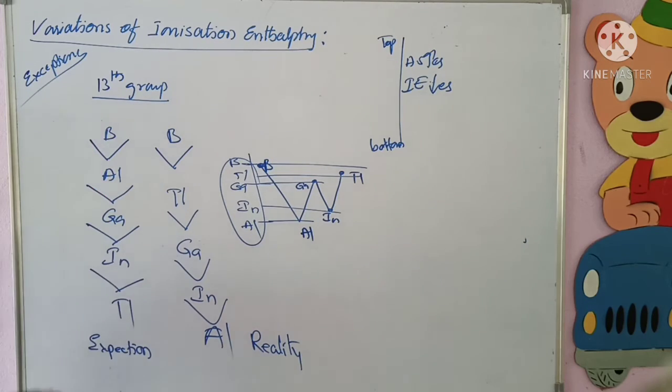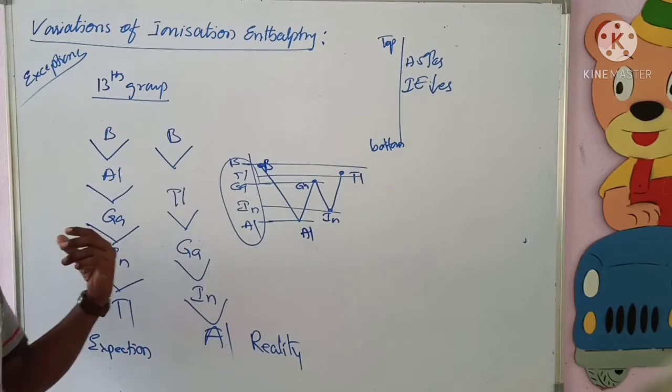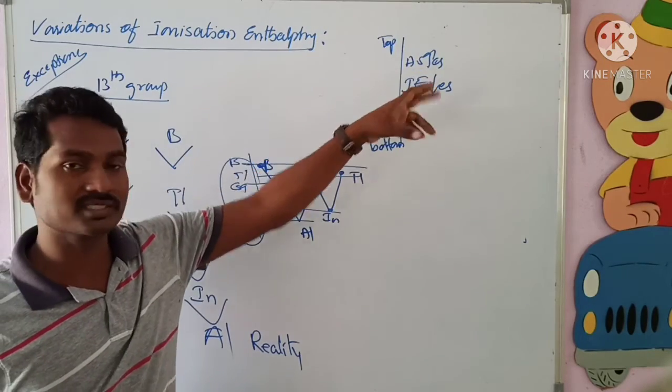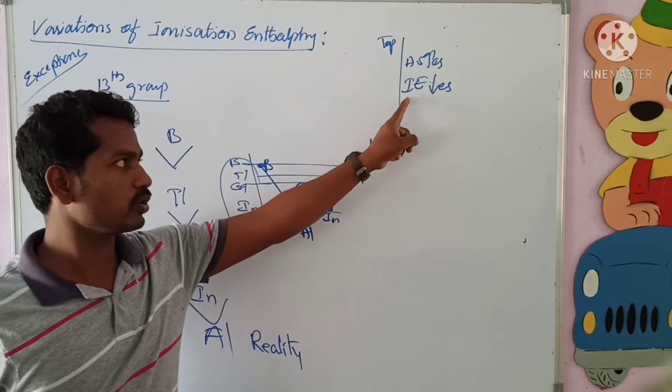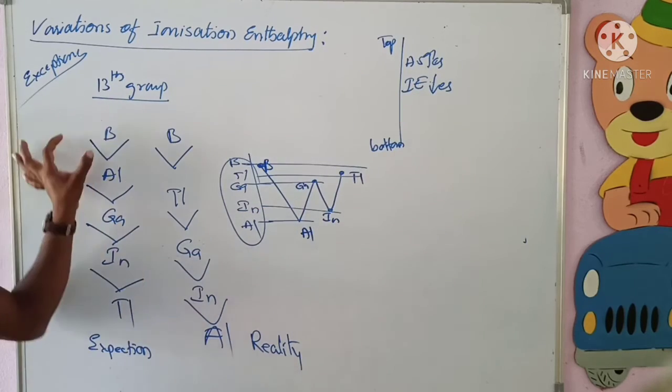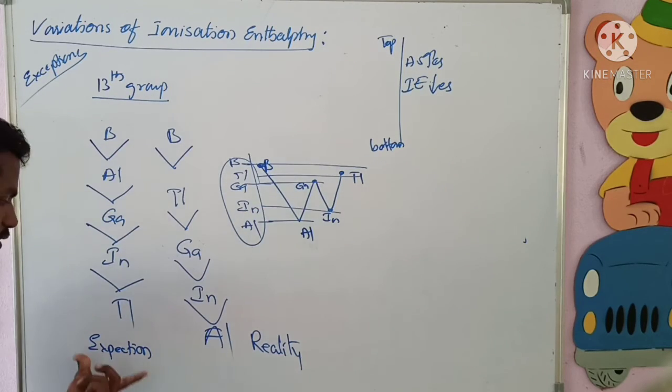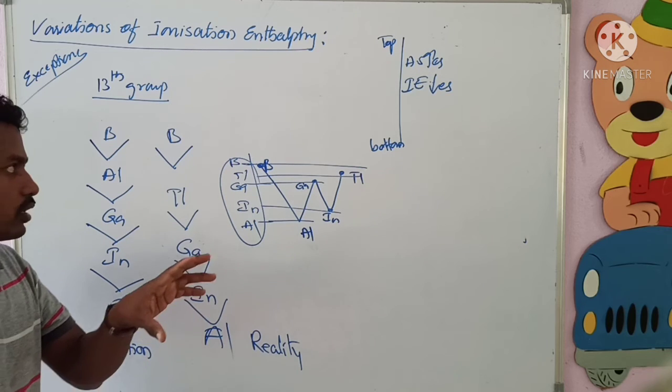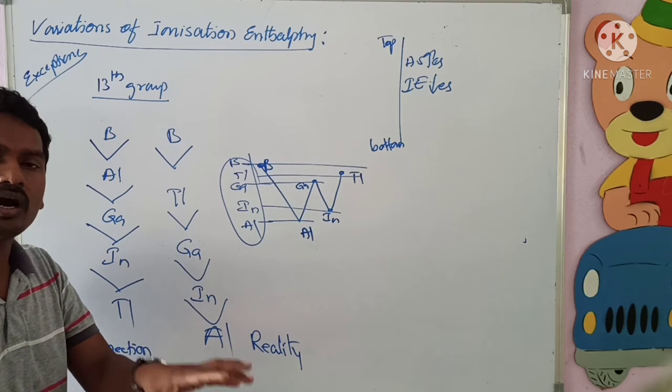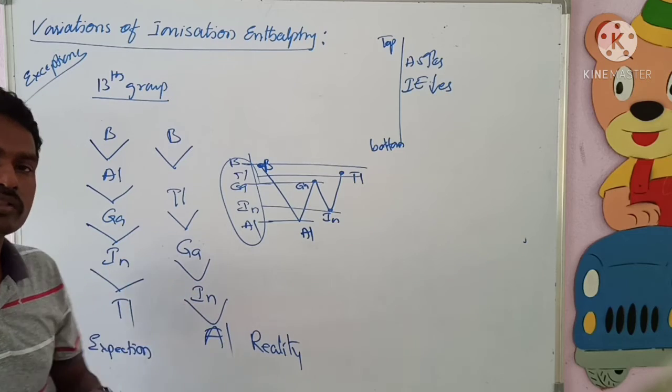So what is the reason? Generally from top to bottom atomic size increases and ionization energies decrease, so that is our expected order. Then why do the 13th group elements not follow this regular order?